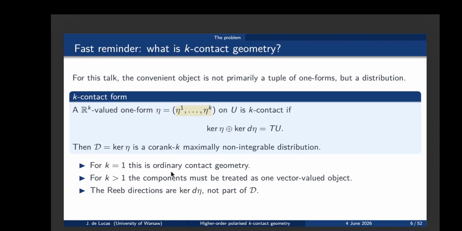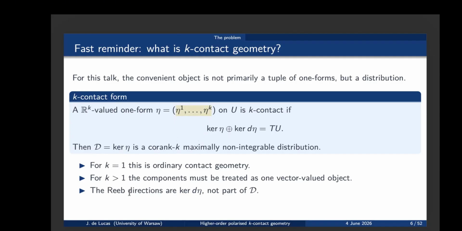And then there is something called the Reeb vector fields. They play the role that the Reeb vector field usually plays in k-contact geometry. These are vector fields that belong to the kernel of the eta, and they are dual to these contact forms, to these elements of the k-contact form.